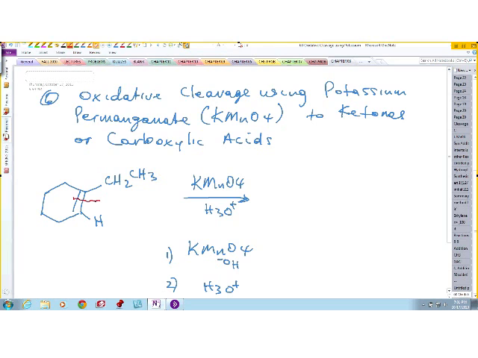You will cleave the carbon-carbon double bond such that the carbon that is attached to hydrogen becomes the carbonyl of a carboxylic acid, and the carbon that is attached to no hydrogen becomes the carbonyl of a ketone. So therefore you have this.